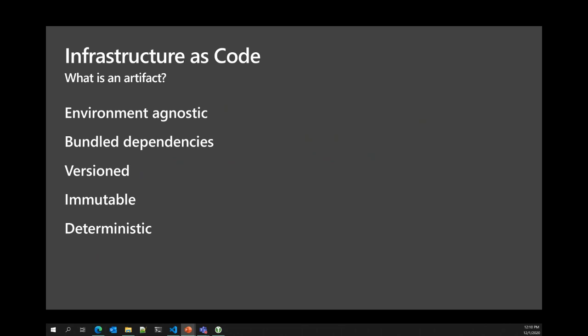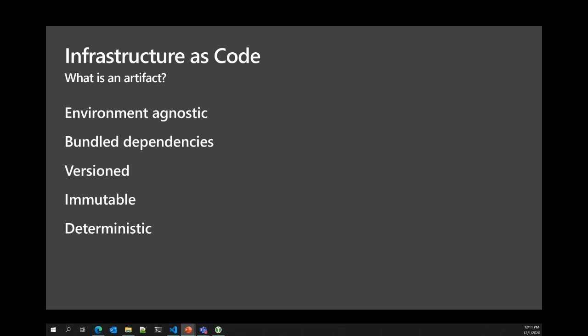The reasoning behind that is, and this is another common failure pattern that I see customers making, when you're writing your infrastructure as code, it's very common to say, well, I have slightly different requirements for what I want to run in production versus development. A common example is a simple cluster of VMs.